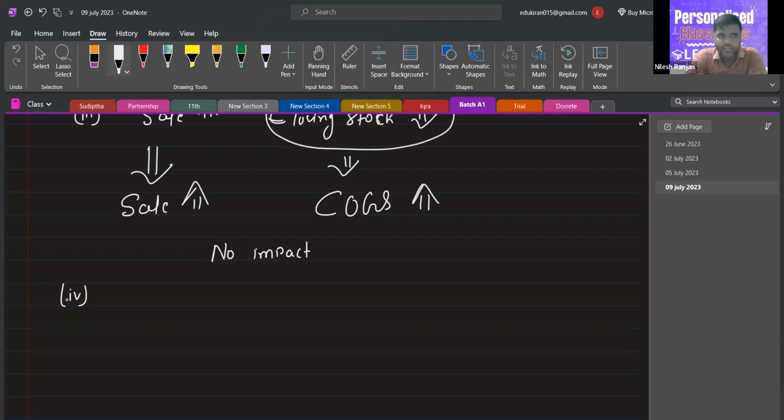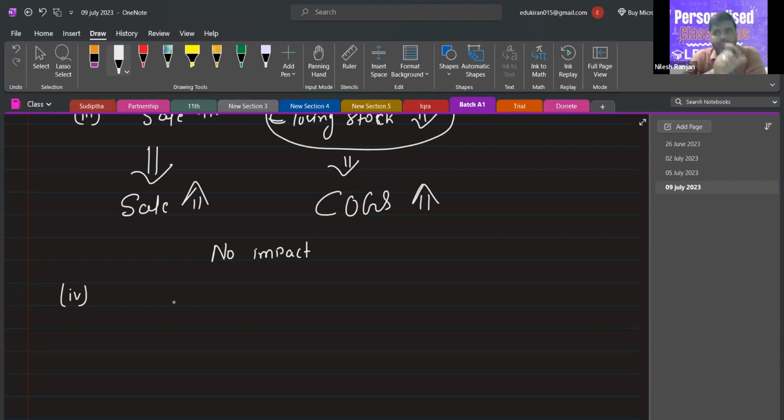While preparing final accounts, withdrawal of goods for personal use is adjusted from which item? Okay, so capital. Capital, yes, one place, capital. So purchases. Purchases, yes, we reduce. There are two similar entries actually. The impact is the same.